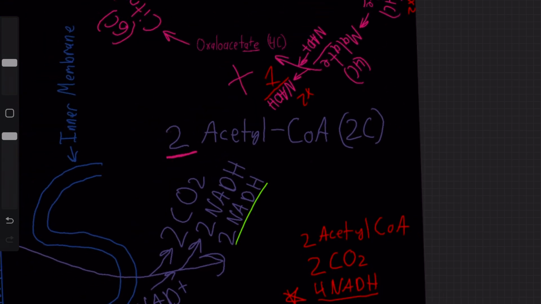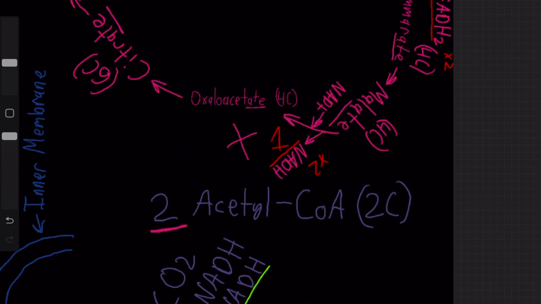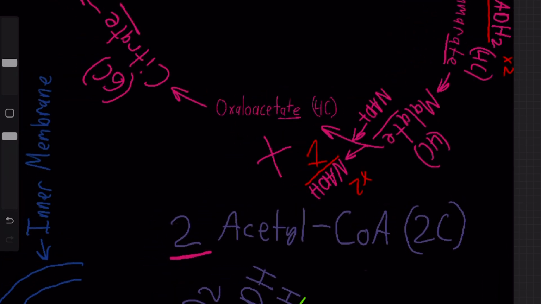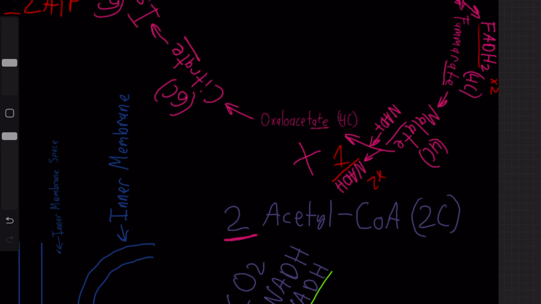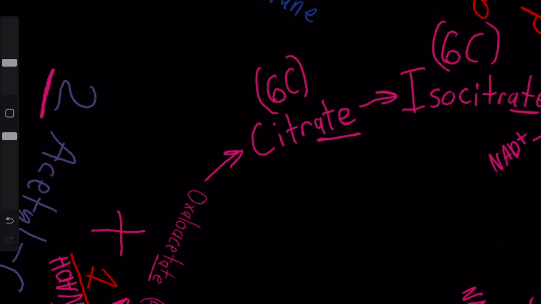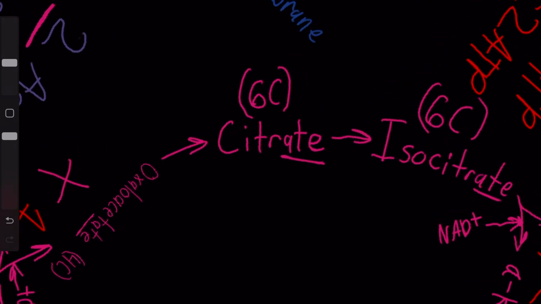Our 2 acetyl-CoAs will combine with oxaloacetate, which is a 4-carbon molecule. And then it will produce a 6-carbon, because a 2-carbon plus a 4-carbon will equal a 6-carbon. And we will get a 6-carbon citrate.